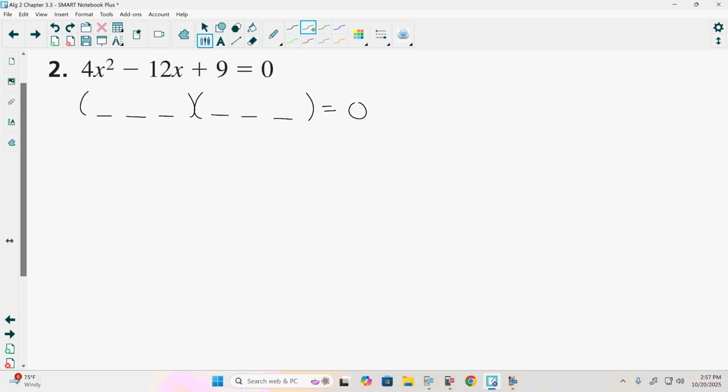So we'll move on to our two sets of parentheses with 3 spaces. Since the third term is positive, our signs are the same and match the sign of the middle term. So we'd have negative and negative. If the third term had been negative, the signs would have been opposite.